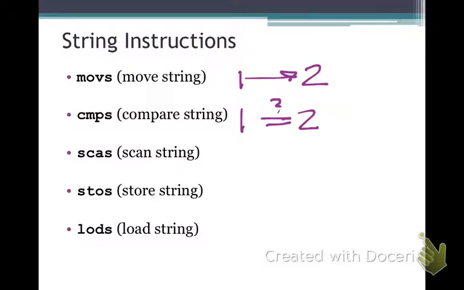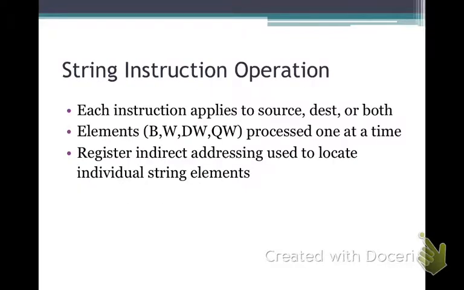Next I'm going to go through the operating rules for using these five instructions. We'll do it in general, and then we'll get into some more detailed rules. First, each string instruction applies to a source, destination, or both, depending on the instruction. The elements are processed one at a time, and these could be bytes, words, double words, or quad words.